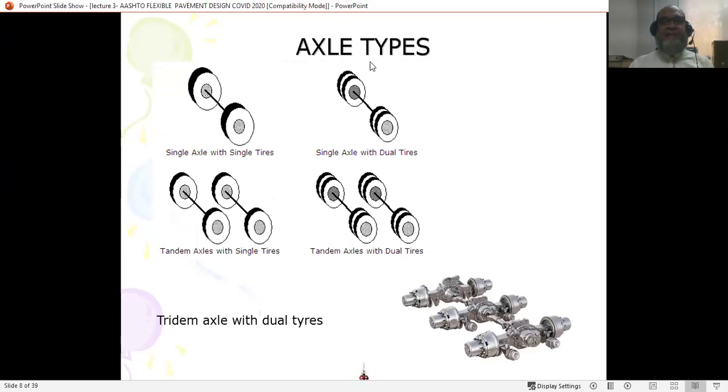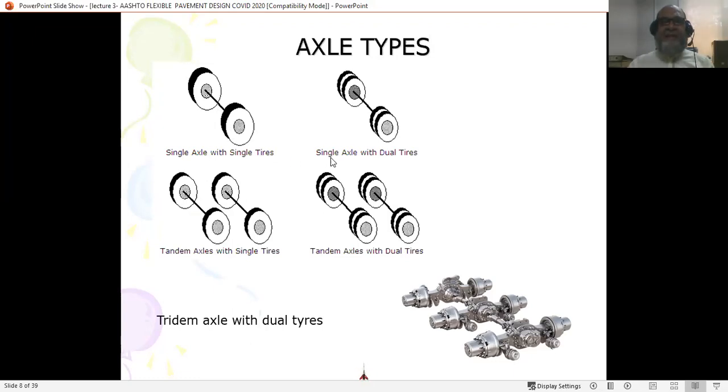So what are the axle types? Axle means a horizontal member that supports tires. So we have a single axle with single tires. A car has two single axles, and since the car has four tires, we say two single axles with single tires.